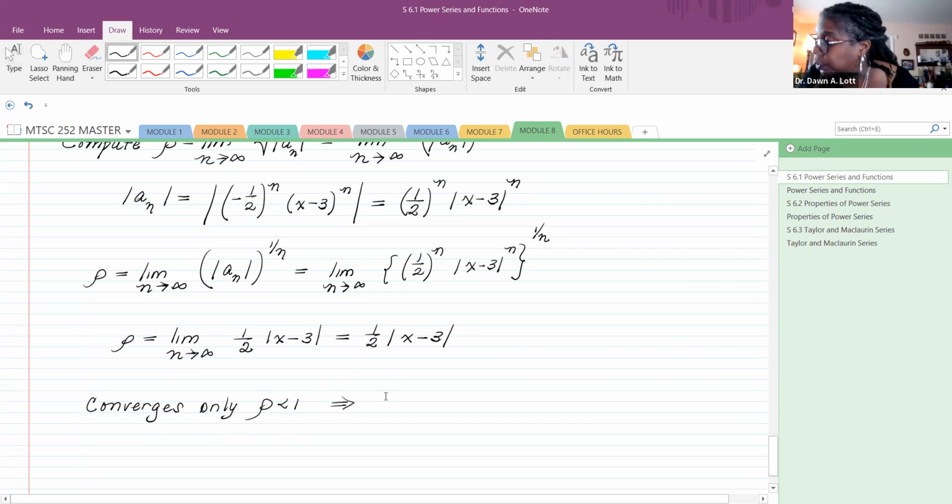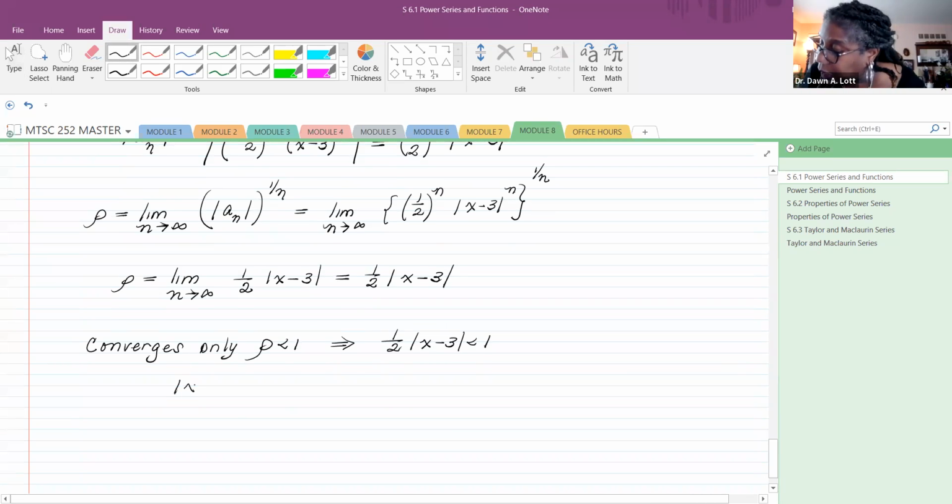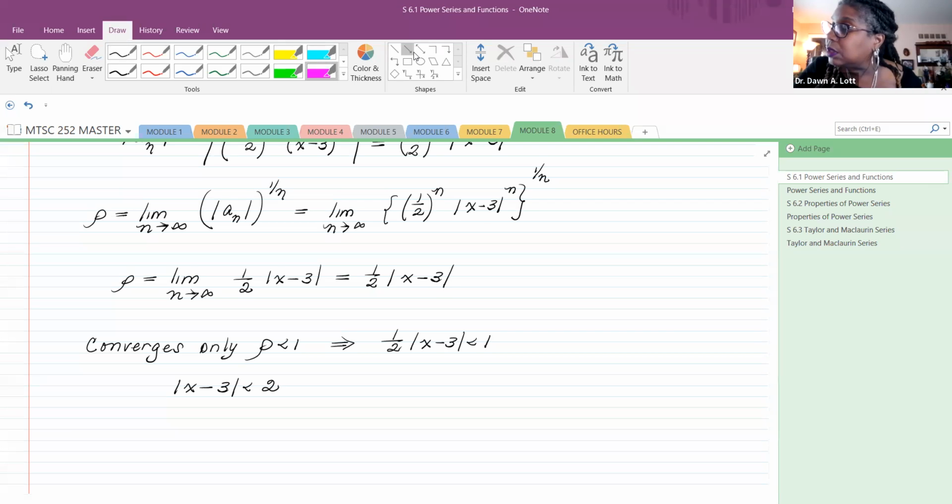So that implies for us 1/2 times the absolute value of x minus 3 is less than 1. When we multiply both sides by 2, we get the absolute value of x minus 3 is less than 2. And that is our very nice radius of convergence.